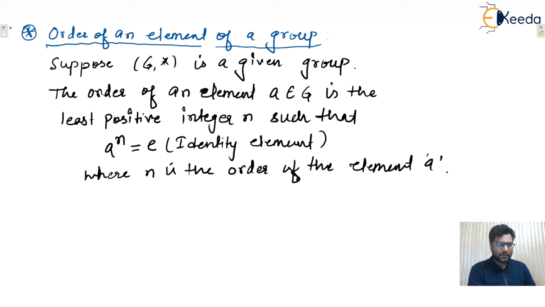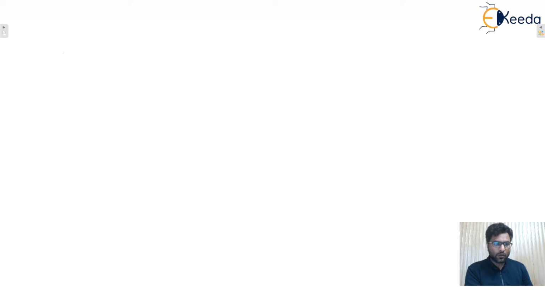So let us consider one example and one by one we'll see how to find the order of an element. Remember guys, first of all, we are going to find the order of an element of a group. So whatever algebraic structure is given to you, that must be a group first of all. After that, we'll see the order.